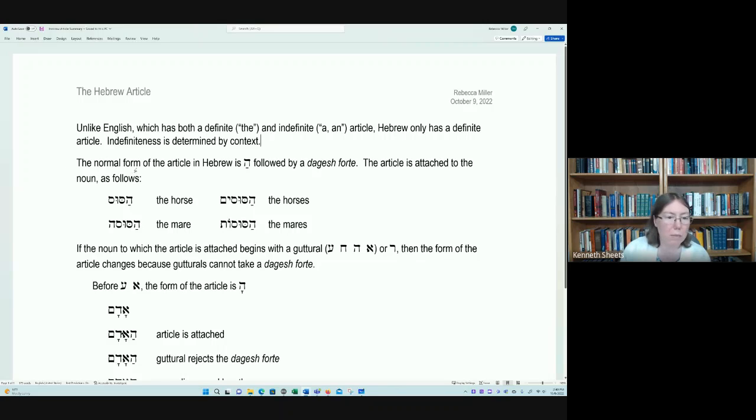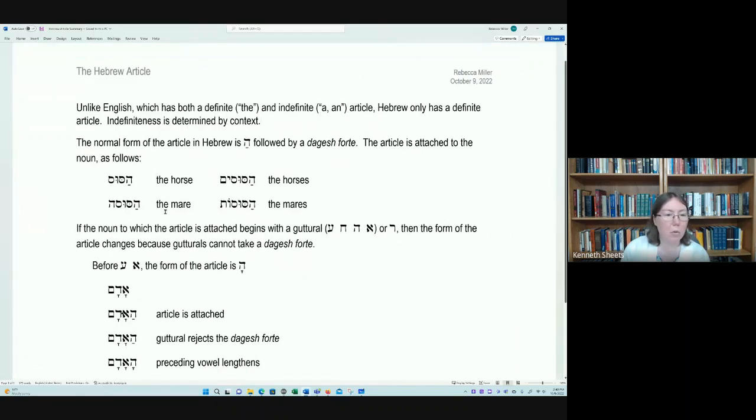The normal form of the article is he, pointed with a pathach, followed by a dagesh forte. This article is attached to the front of the noun as follows. We had taken a look at the word sus previously.